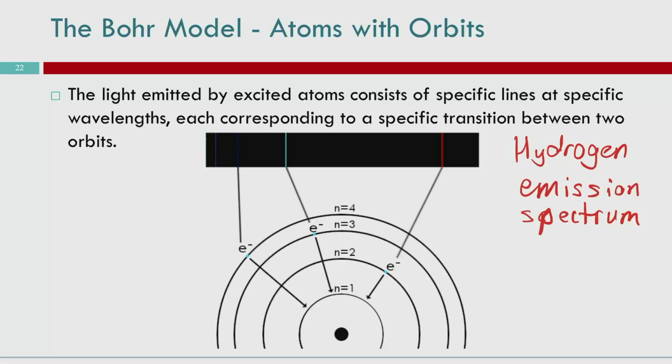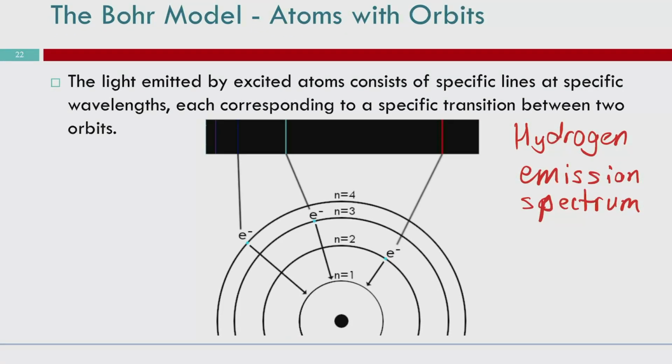And then we can see for our cyan, light blue track, our next color over, that's a shorter wavelength, a higher energy, higher frequency wavelength of light, and it has a longer jump. This might correspond to moving an electron from our n=3 orbit down to our n=1 orbit. And since the distance between those tracks is bigger, the amount of energy that it takes to drop that distance is also bigger.